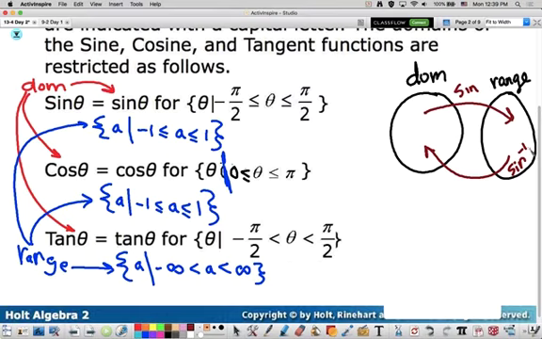Okay. So, what is the domain going to be for sine inverse? This, right? This is going to be the domain for sine inverse, so add this to your notes.